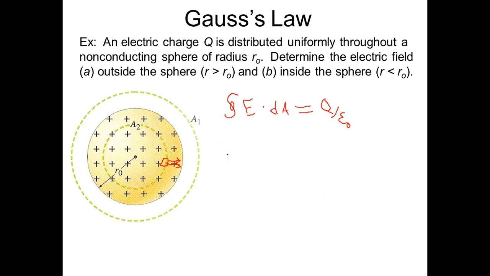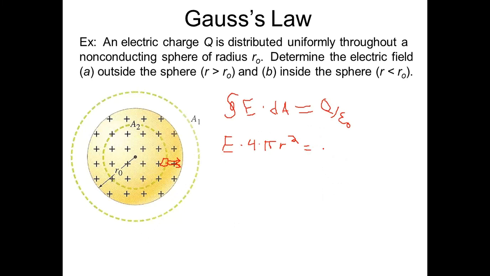So that's no different. The left-hand side that shows the little calculus symbol, that's going to be the easier side. It's just going to be E times 4 pi r squared. That's no different. Okay, where it gets a little bit tougher is over on this side, the Q enclosed.